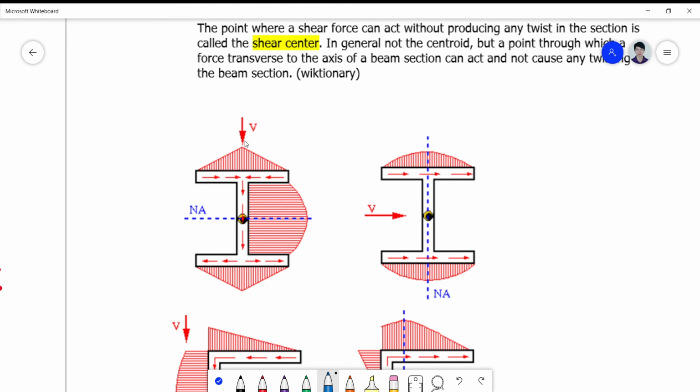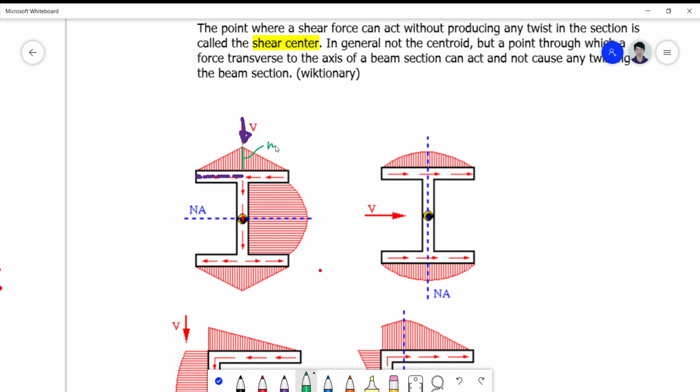So if I have here a shear force inducing a shear stress in this direction, then my flow pattern will start from the end going to a maximum value.